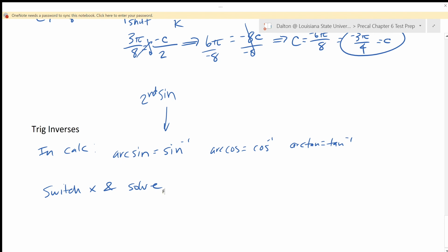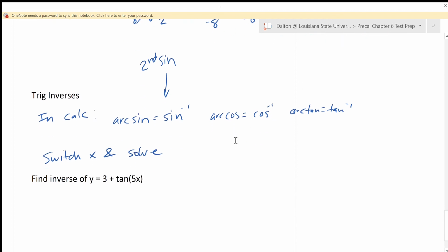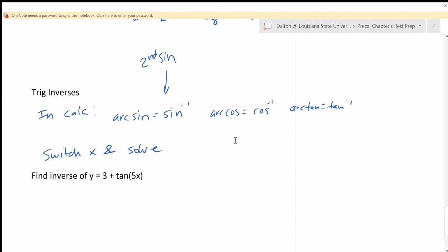So maybe I ask you to, let's say, find the inverse of the function y equals 3 plus the tangent of 5x. So if I want the inverse of this, first thing we're going to do is switch our x and y.